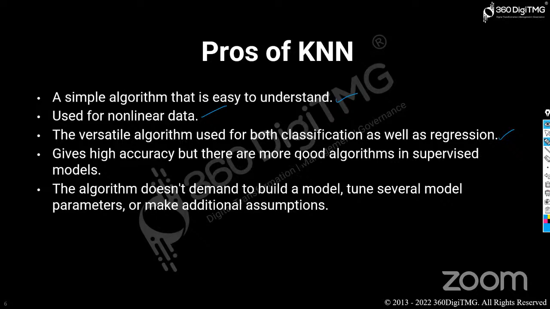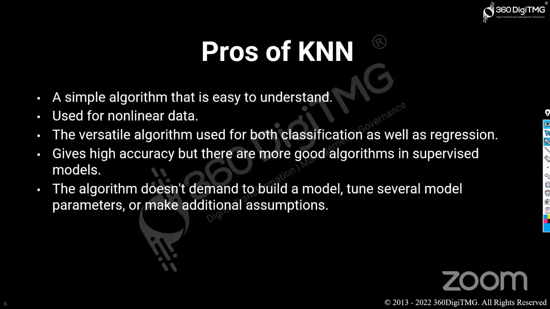But there are more good algorithms in your supervised models when we compare them with KNN. The algorithm doesn't demand building a model, tuning several model parameters, or making additional assumptions. That is the pros of your KNN.